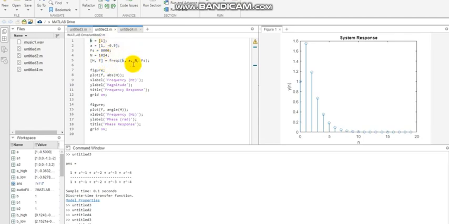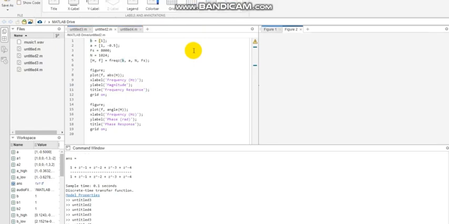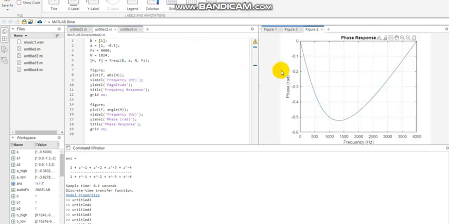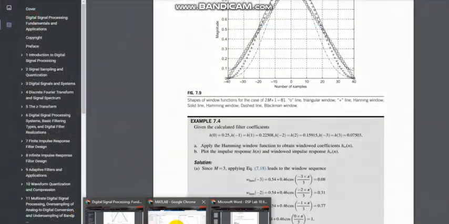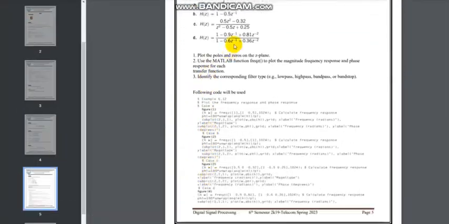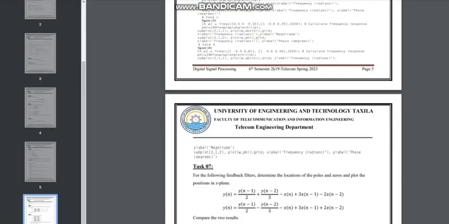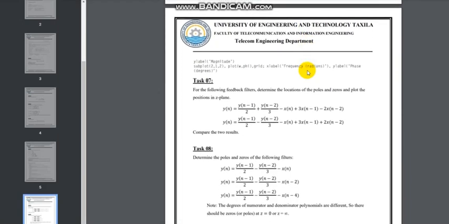We have assigned values for the sampling frequency, A, B, and the number of samples is also given. So we draw that frequency. For the frequency we get the phase response and the frequency response as shown. Now moving on with the next task, we have been given the code, and we simply put that in and get the result.